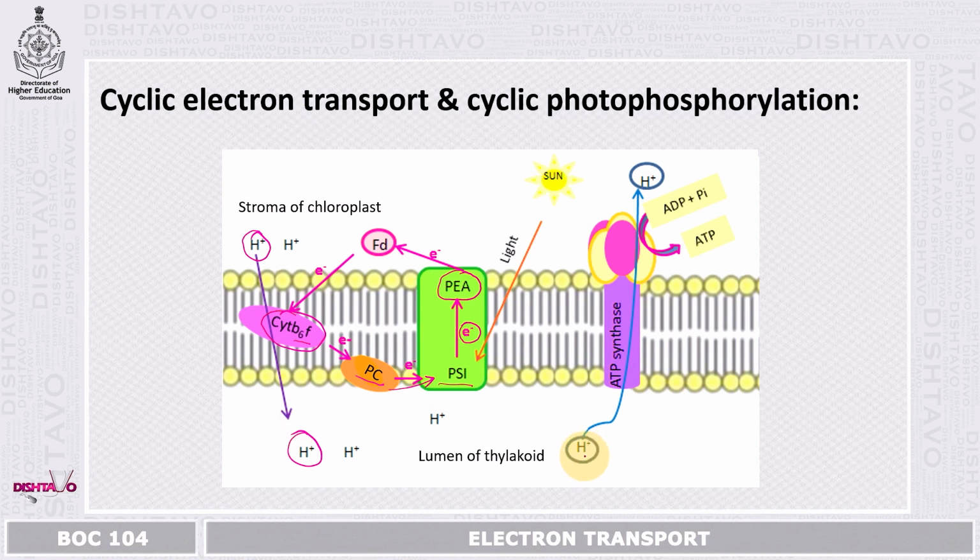These protons move across the gradient through the membrane of the thylakoid via the enzyme ATP synthase, which converts adenosine diphosphate along with inorganic phosphate, and ATP is formed. This type of photophosphorylation is called cyclic photophosphorylation.